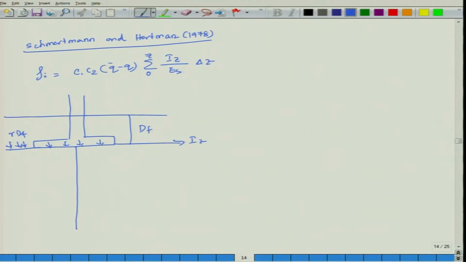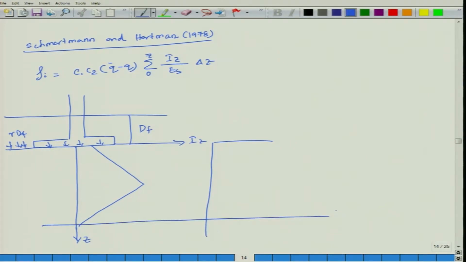Then if you look at here, this is your Z, and this value is your Es, and for different depth, suppose this is your Z1, this is your Z2, this is your Z3 up to this depth, then the value comes out to be here, then here, then here.